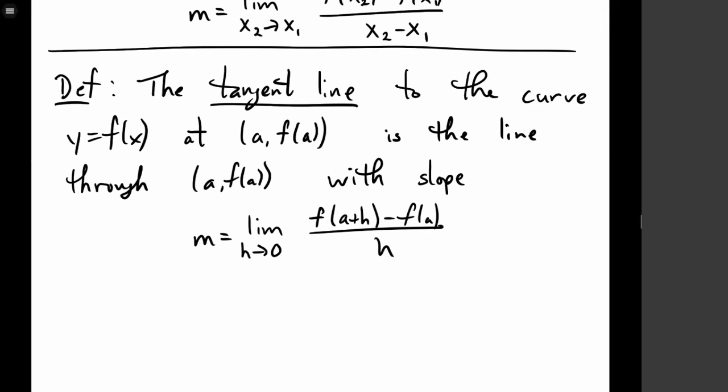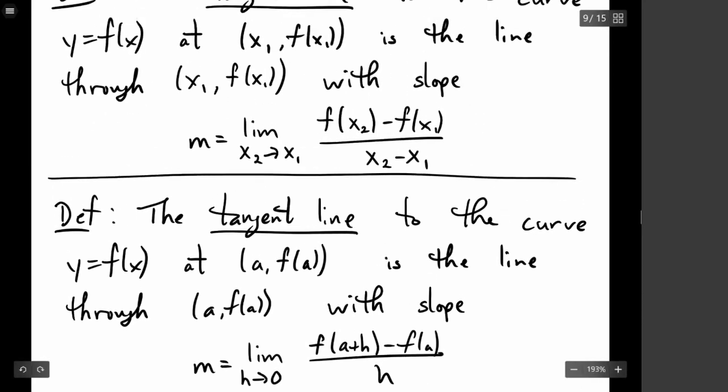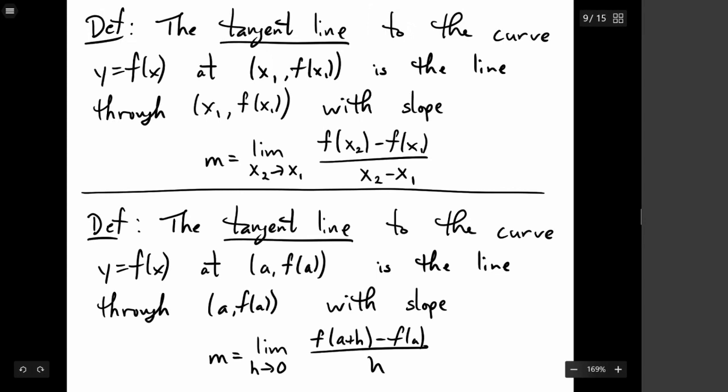Both of these definitions, sometimes one's easier to use than the other. We could always use either one, though. And again, what I really want to emphasize is that both of these expressions are ways to compute delta y over delta x, or delta f over delta x, however you want to look at it.